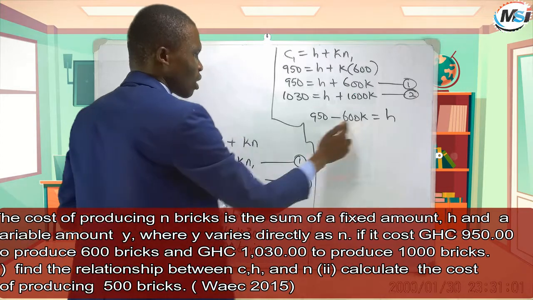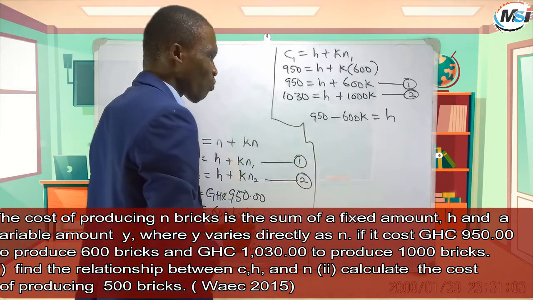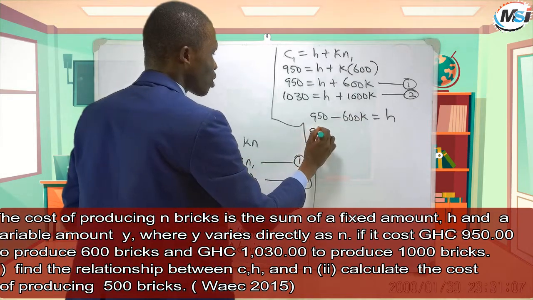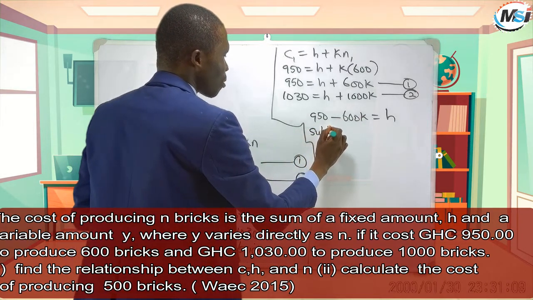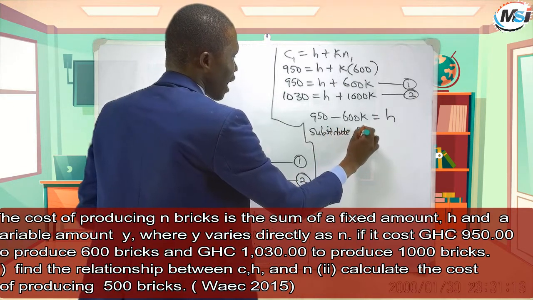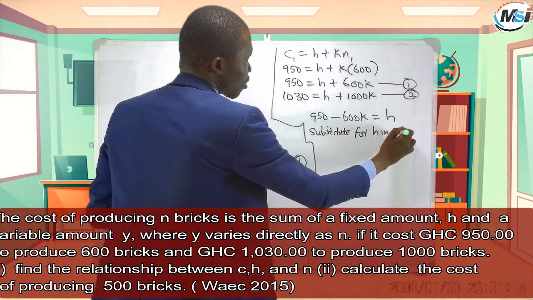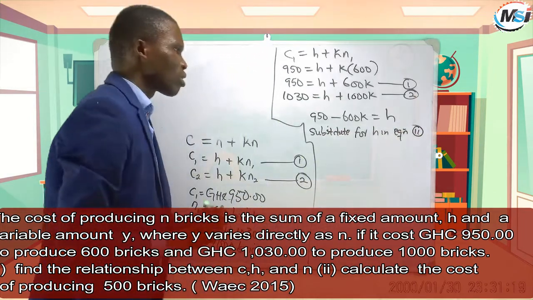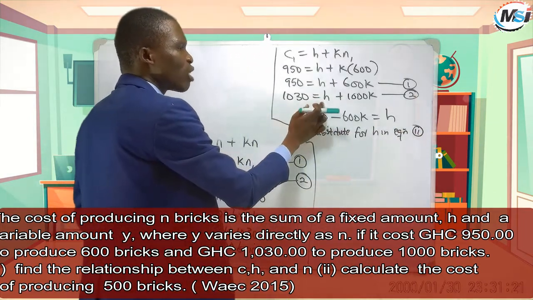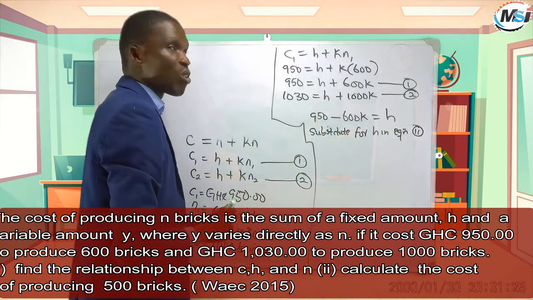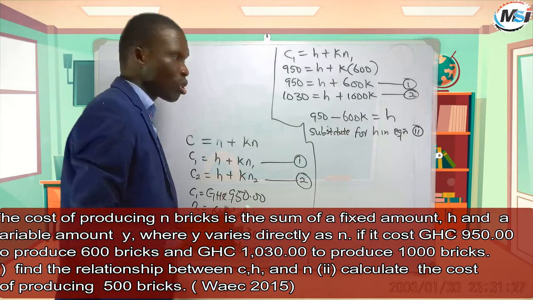So H will give me 950 minus 600K. Now I'll substitute for H in equation 2. So from equation 2, anywhere you see H, you replace it with 950 minus 600K. That is what substitution is all about.